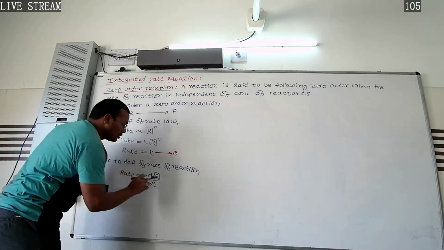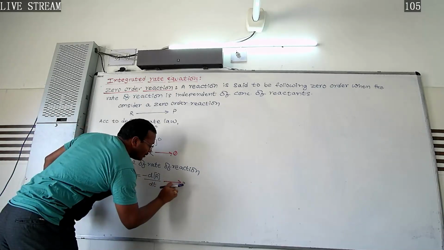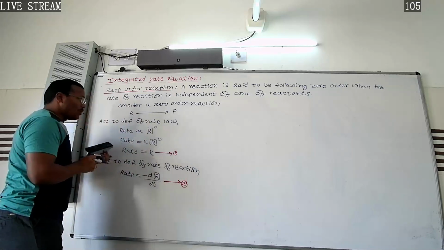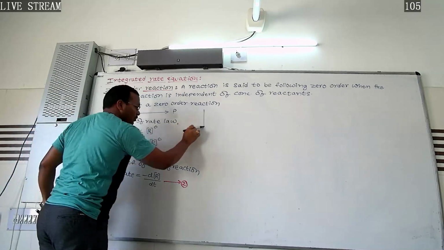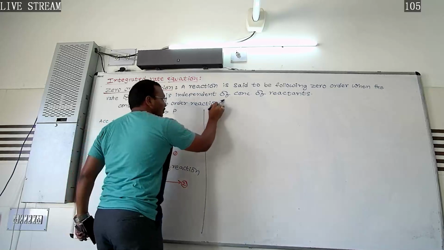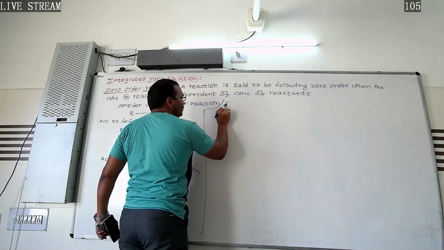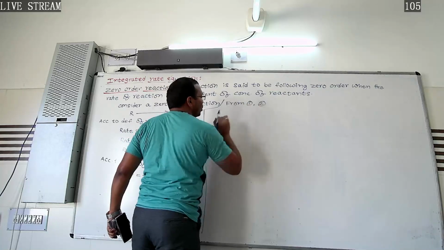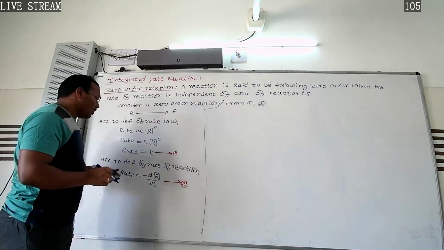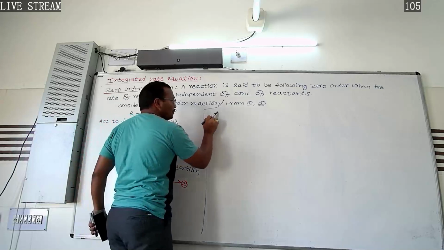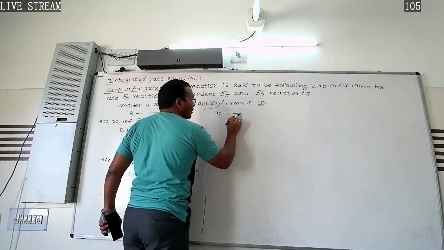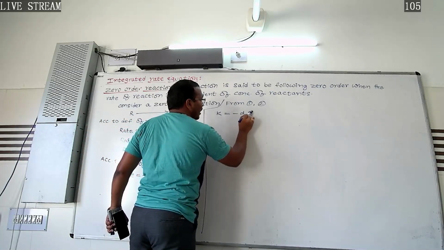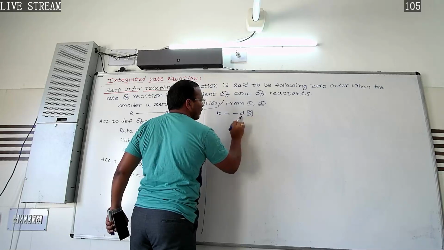This is equation number 2. Now from equation number 1 and equation number 2, what can we write? K is equal to minus dR by dt.